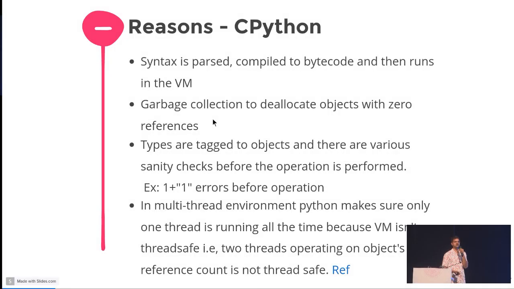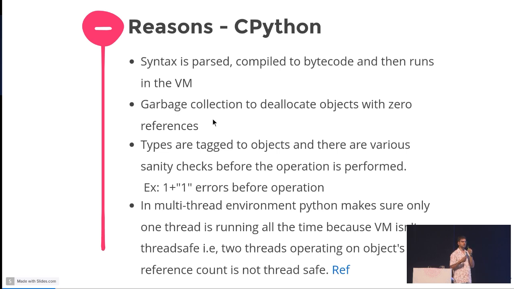One is, as you already know, that Python is an interpreter, where during execution it parses the code line by line, translates it into bytecode, and then executes it on the VM, which takes a large amount of time compared to compiled languages, where you compile once and run on the machine. And then we have garbage collection, which is again an overhead.